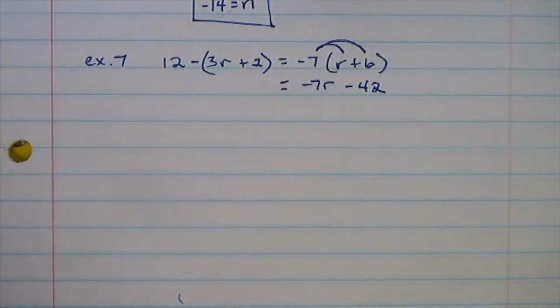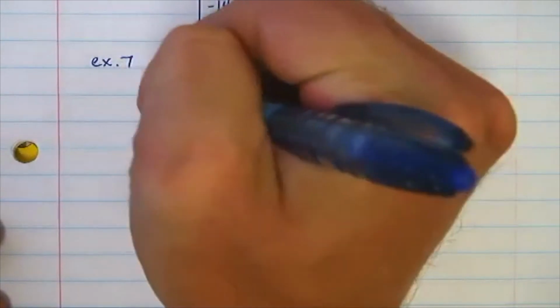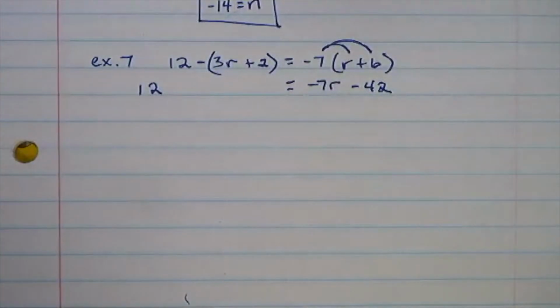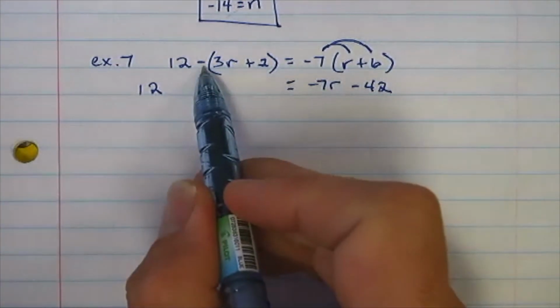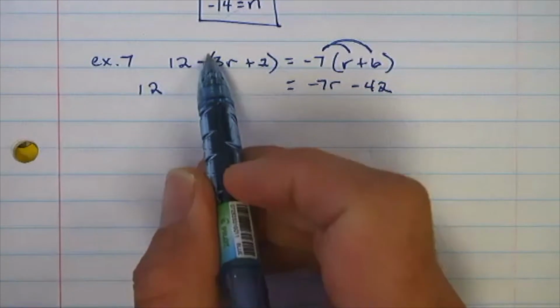Now, very important here that we realize that 12 is not the number in front of the parentheses. That 12 is in front of a subtraction sign, so it's actually separated from the parentheses. So he's hanging out. What you need to realize is that little minus right there, or plus if it was, is actually attached to a number.